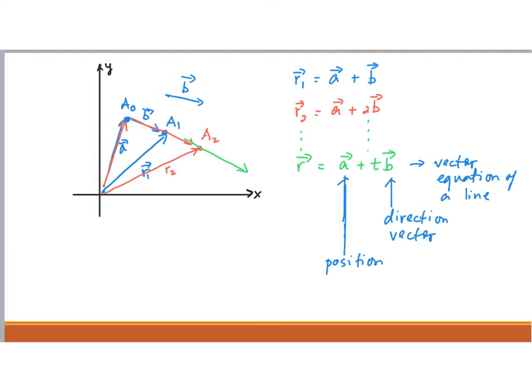In general, a is the position vector of any point on the line.